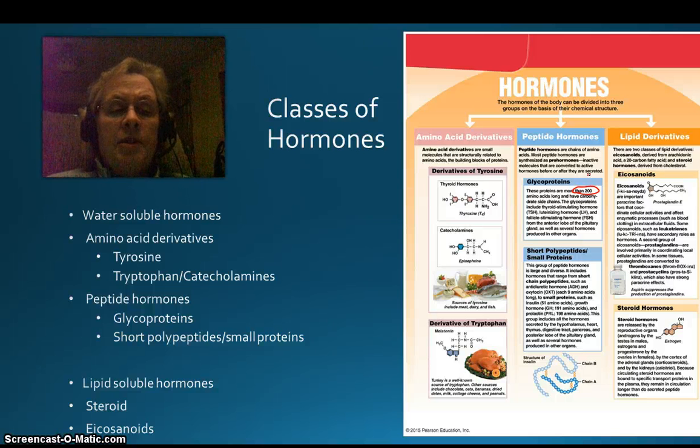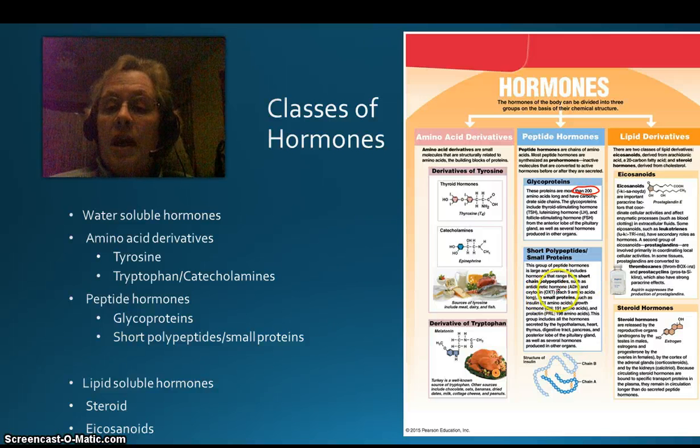The short polypeptides are considerably shorter in length, hence their name, short polypeptides. And in this group also we find small proteins, those that are going to be less than 200 amino acids long.